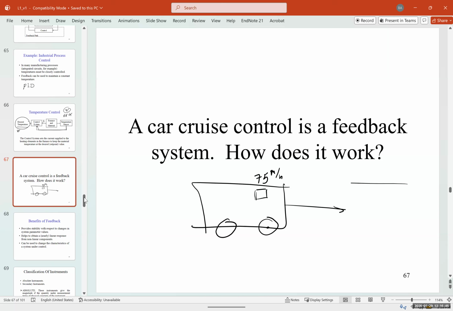We also have adaptive cruise controls nowadays, which use a radar, and you can set the distance between the two cars as well. That is also a feedback system. We have another type of system which we call a feed-forward system. A feed-forward system is used, for example, in a Mercedes.